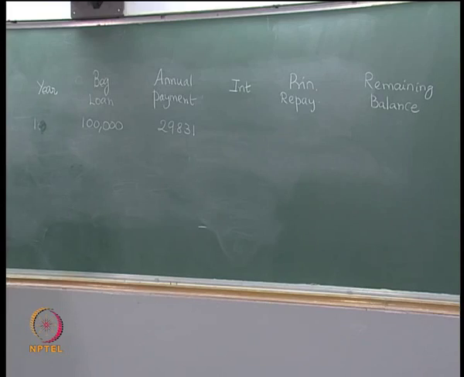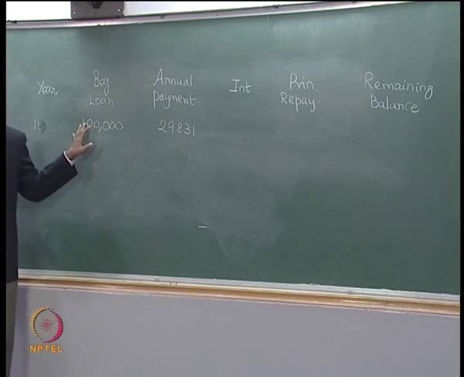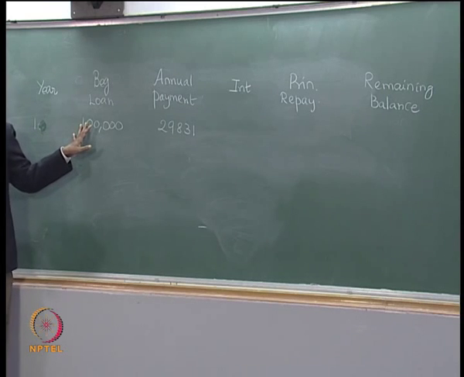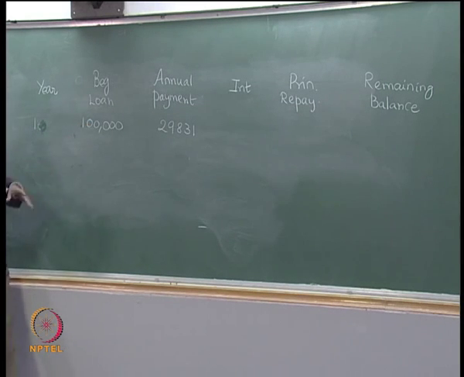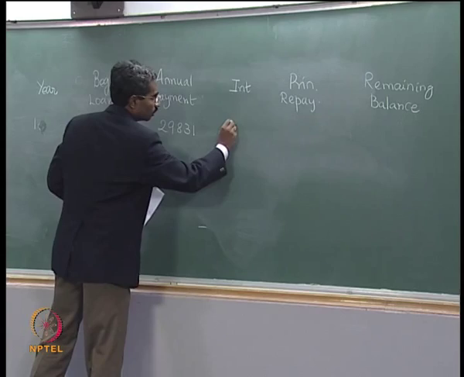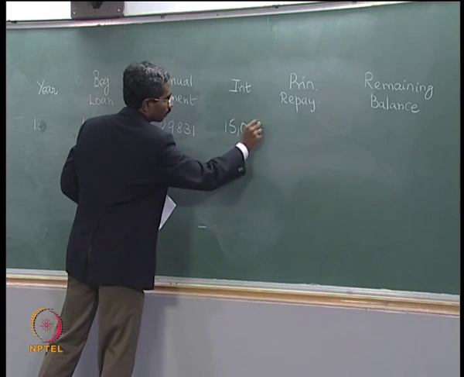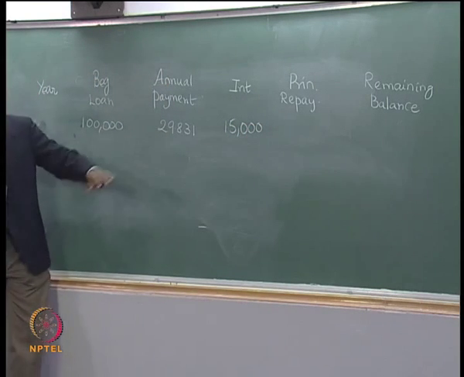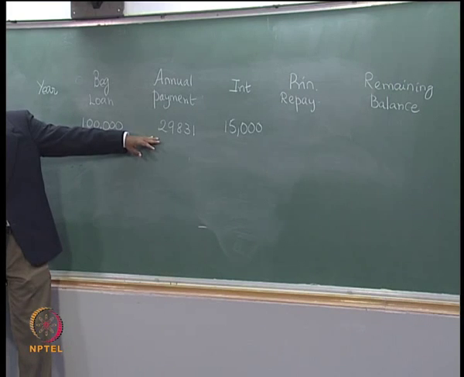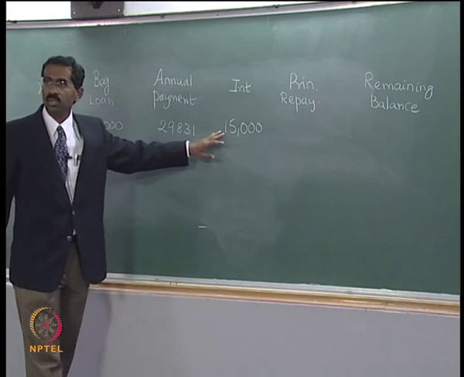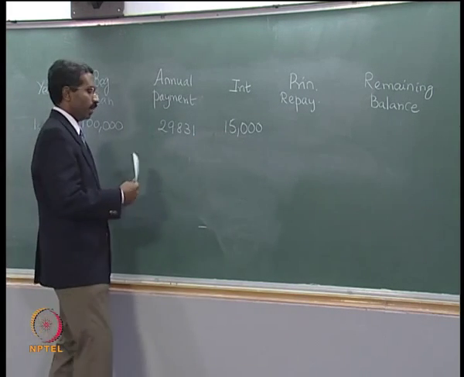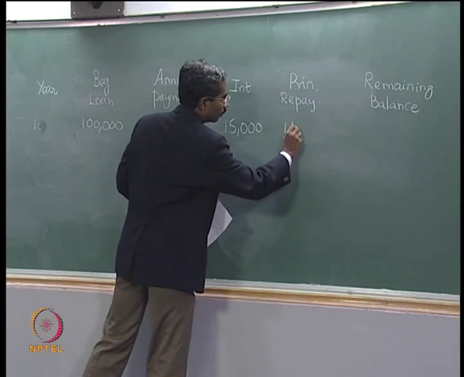The interest is always paid on the beginning balance of the loan. So in this case the interest for the year is going to be 15% of the beginning loan of 100,000, so therefore it is going to be 15,000. So out of the annual payment of 29,831, 15,000 is towards interest payment, and the balance is towards principal repayment.